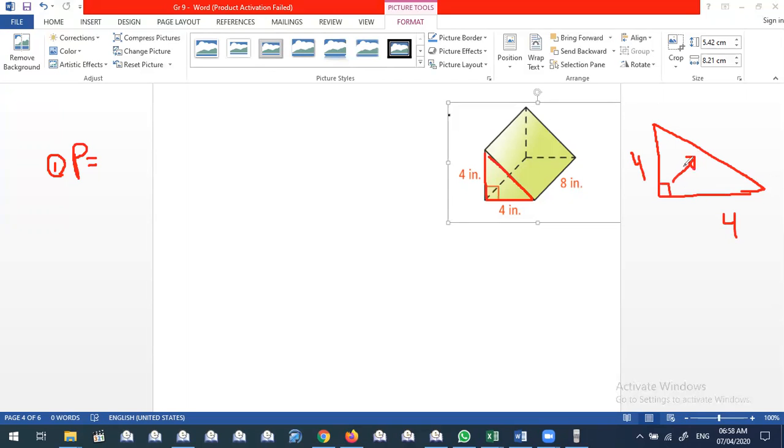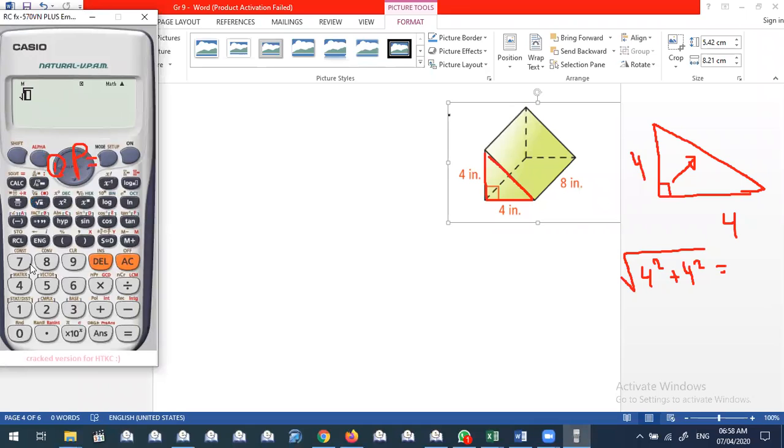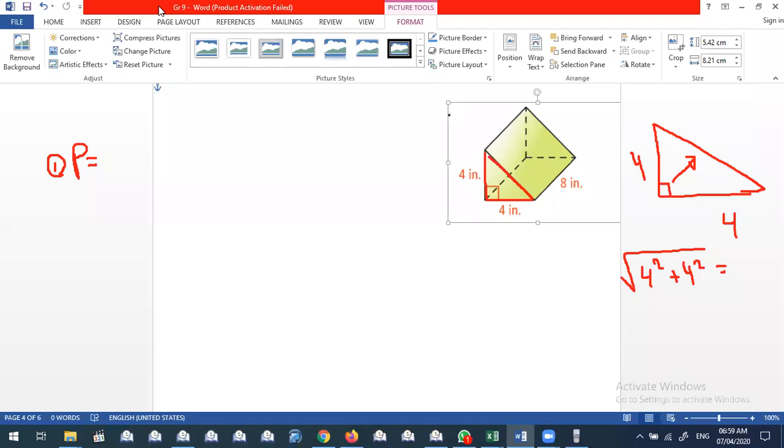I need to find the hypotenuse, so it equals square root of 4 power 2 plus 4 power 2, which is 4 square root 2. So the hypotenuse is 4 square root 2.